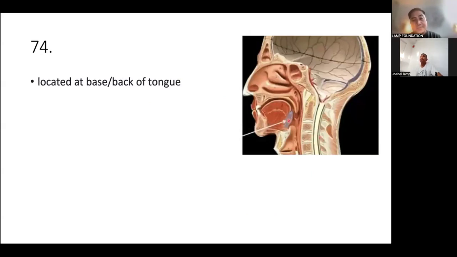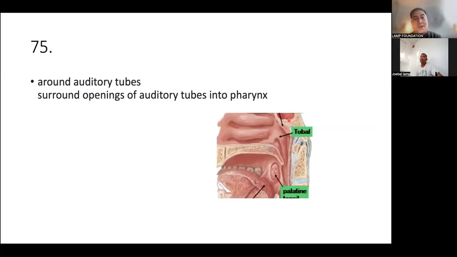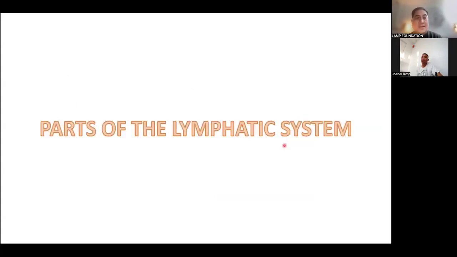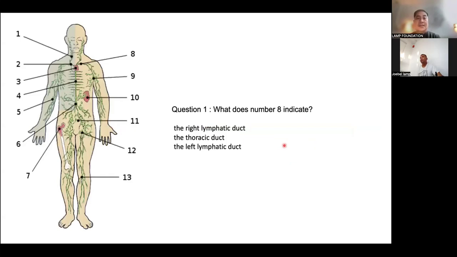The lingual tonsils. Around the auditory tubes, that's where it got its name from. These are around the openings of the auditory tubes into the pharynx. The tubal tonsil. Okay, now let's go to the parts of the lymphatic system. What does number 8 indicate?